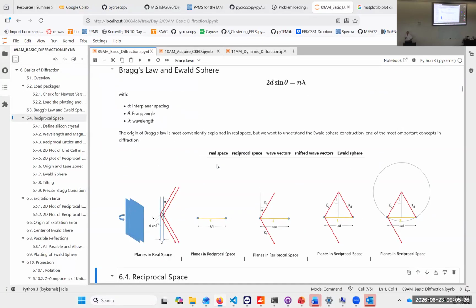the basis of any diffraction, which is, of course, Bragg's law. All of us at some point or other have learned that, right? 2d sin(theta) = n lambda, in which the d in our case is the interplane spacing of the crystal, theta is the Bragg angle, and lambda is the wavelength.